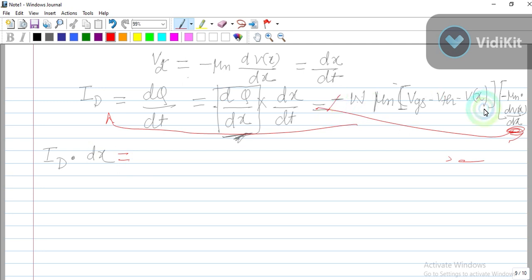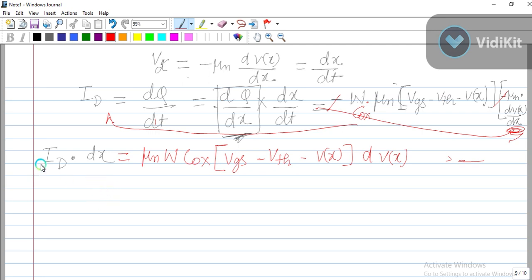So it will become mu n W, there was Cox also, sorry, mu n W Cox into VGS minus VTH minus Vx, and then dVx. Now we have to calculate the Id.